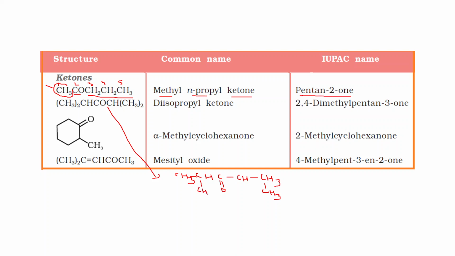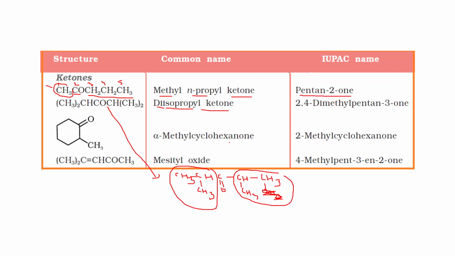Now, in case of common system, this CO group is attached with this. This name is isopropyl. Okay, and this is also isopropyl. Sorry. This CH3 is not here. This CH3 is here. Okay, this is isopropyl. That's why this is diisopropyl ketone.